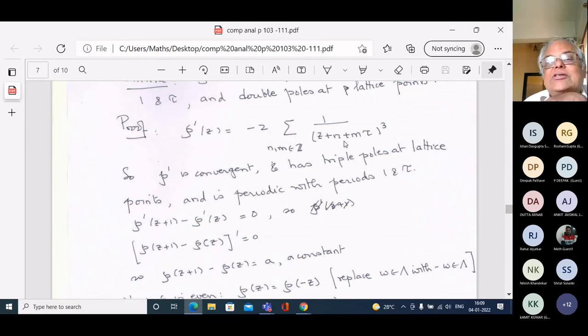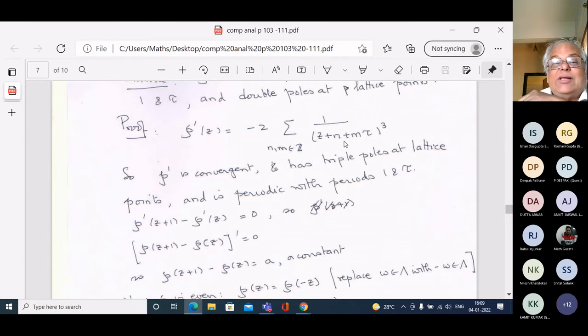Now here when I change z to z plus 1, or z to z plus tau, all that is happening is that the n gets shifted by n plus 1 or the m gets shifted by m plus 1, and therefore you get P prime of z is periodic. So P prime is convergent.